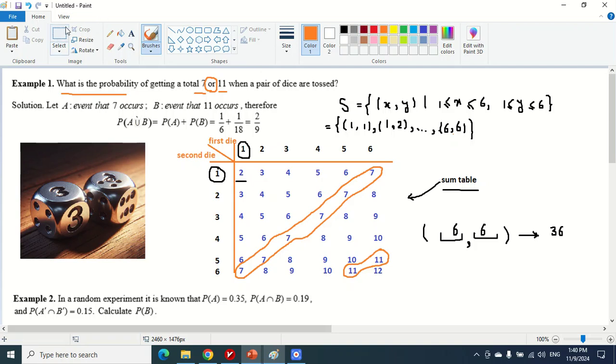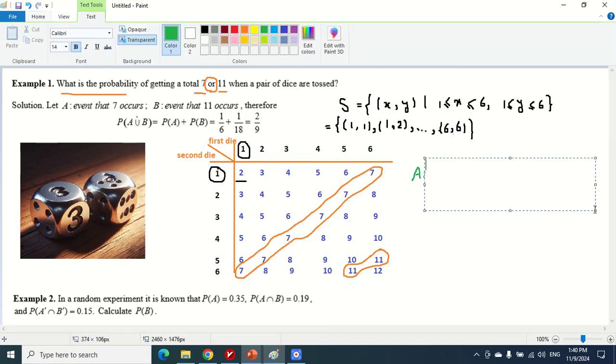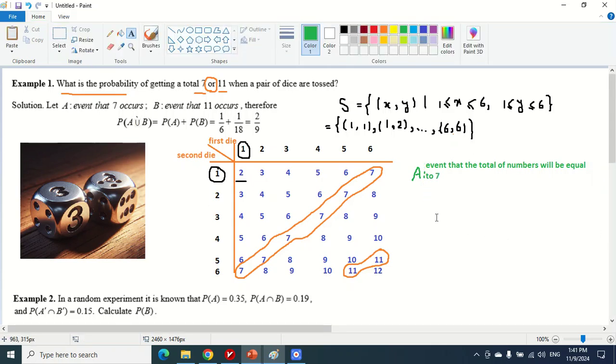For this reason I define 2 events. Let me define those 2 events over here. Event A is the event that the total of the numbers will be equal to 7, and let us define event B as well.